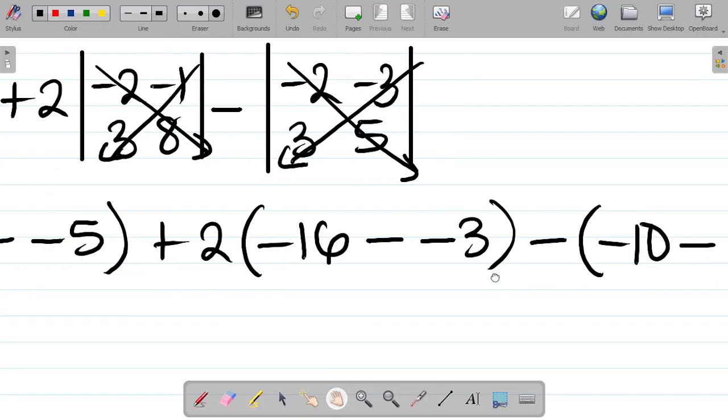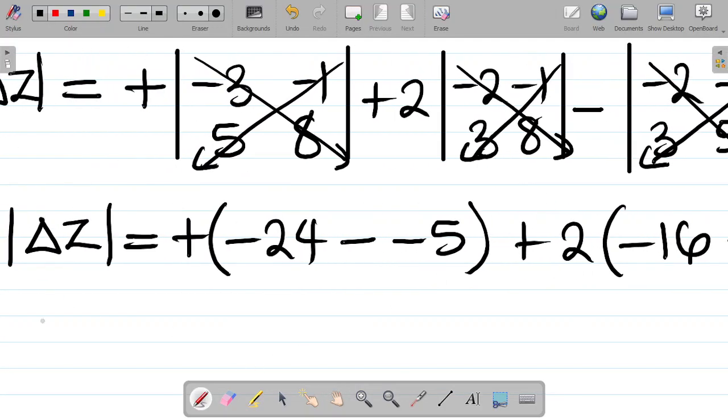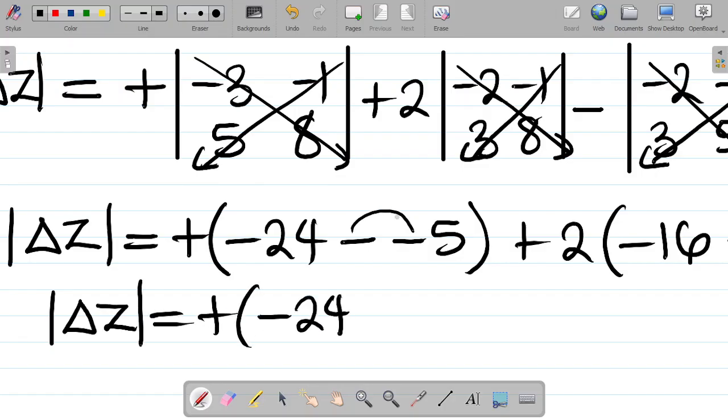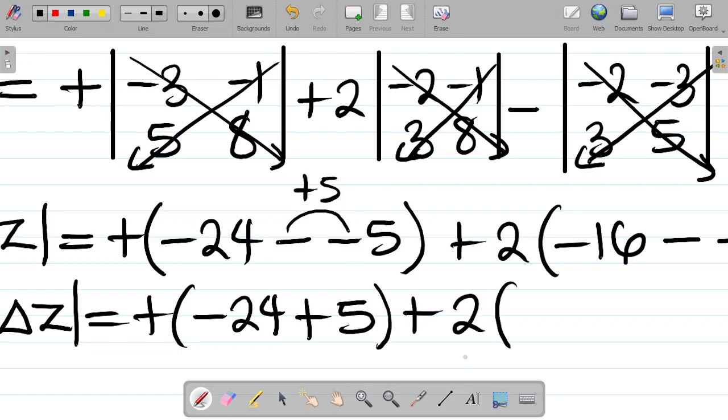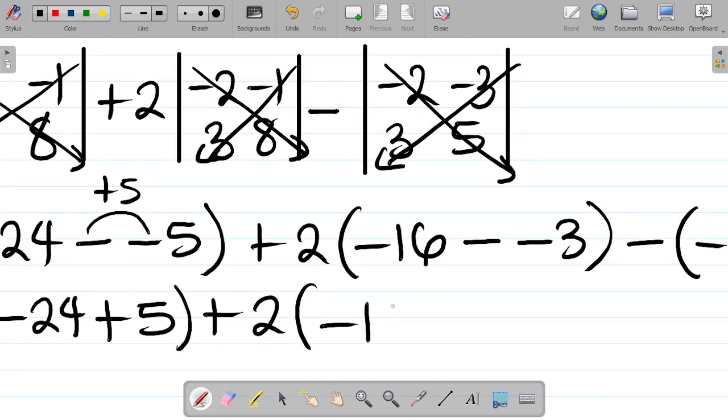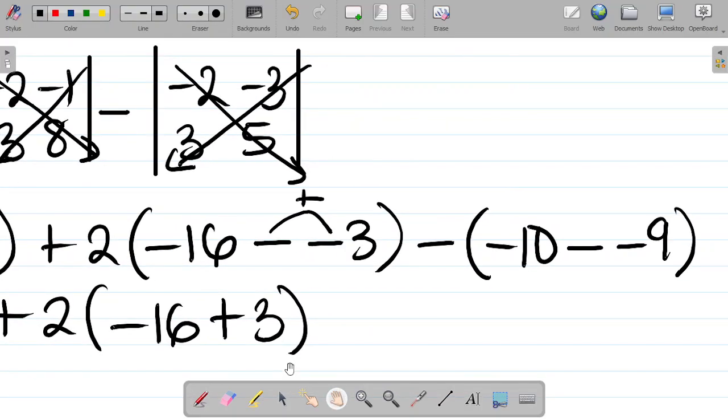So this becomes minus 24 plus 5, plus 2 into minus 16 plus 3, and then minus into minus 10 plus 9.